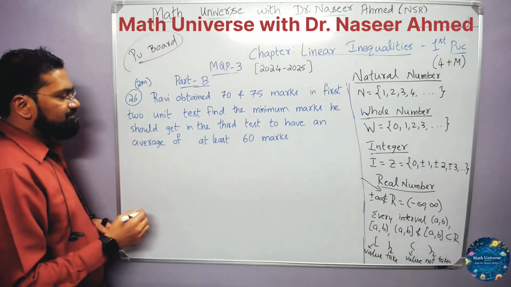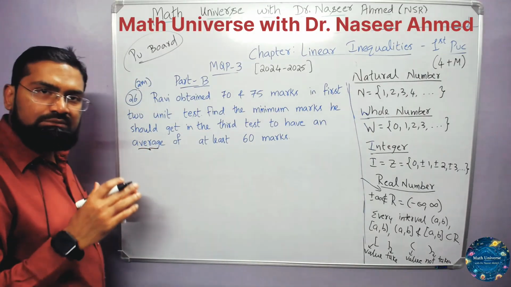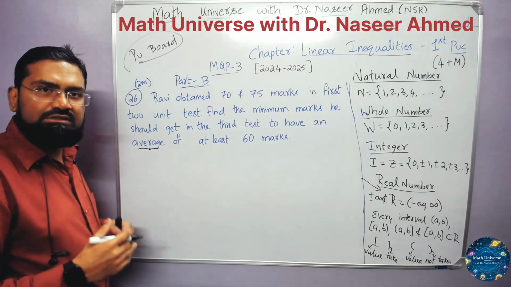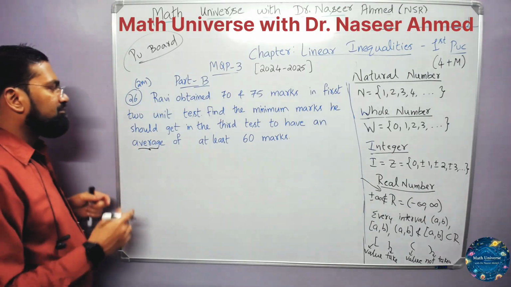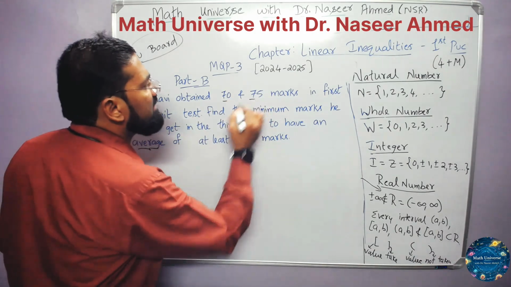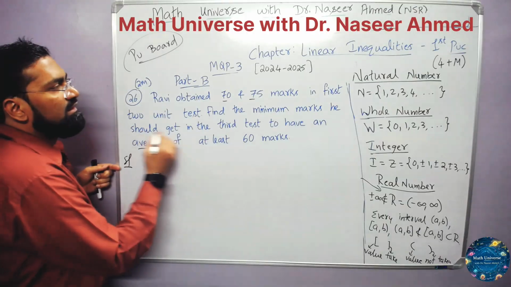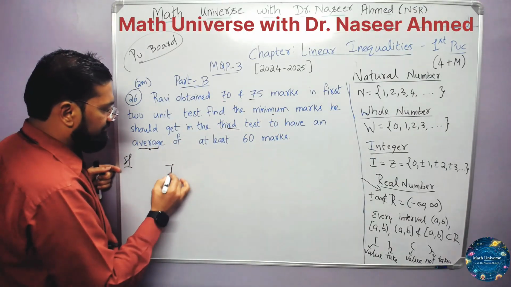First, recall, how are you going to calculate average? All the terms whichever are there, you are going to add, divided by the total number of terms, correct? So in the first 2 tests, Ravi scored 70 and 75. Find the minimum marks he should get in the third test. So the first test marks is 70.